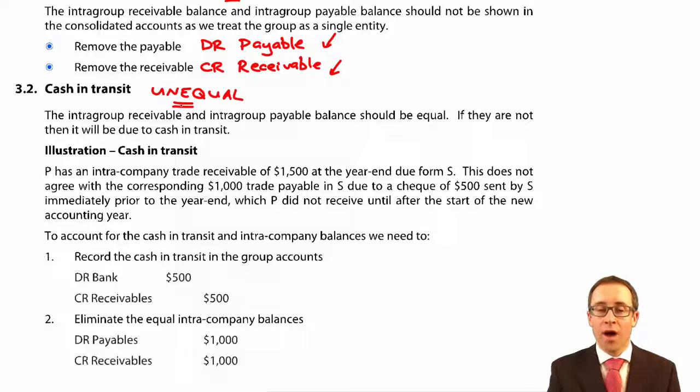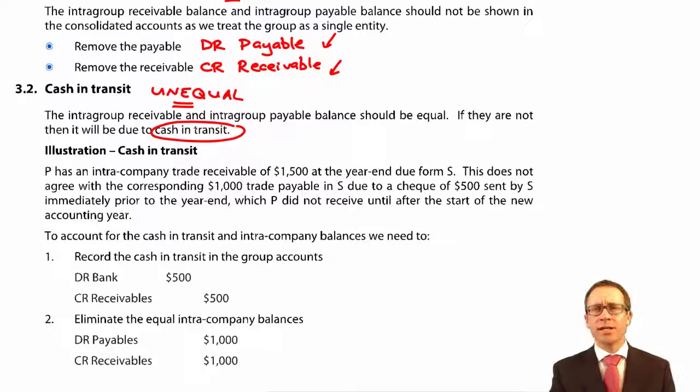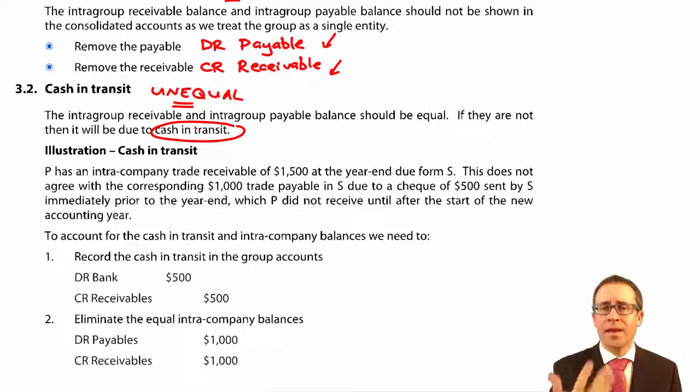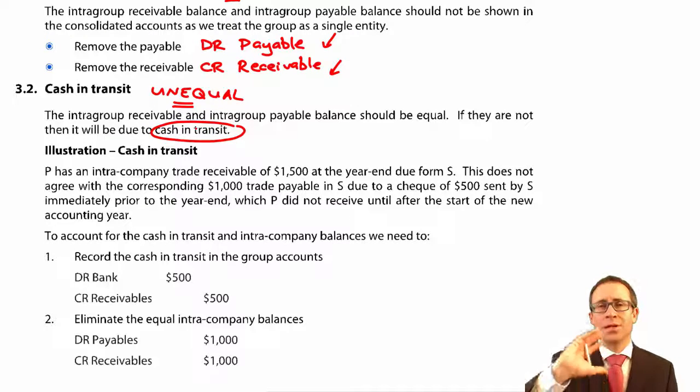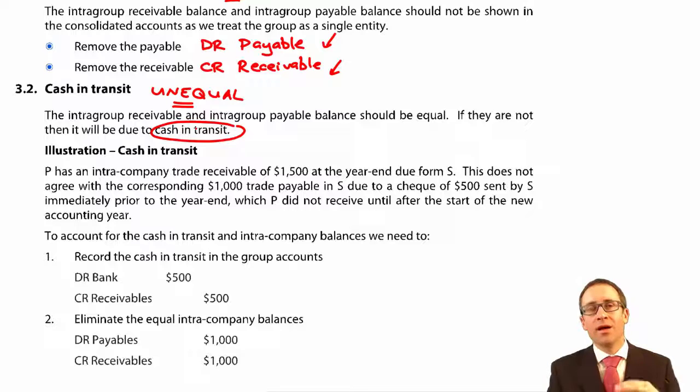And the reason why that is due to what's referred to as cash in transit, i.e. the person who is making the payment has recorded the payment, so has credited bank, debited payables, but when that payment has been sent, then it's floating around either in the post or in cyberspace, because the receivable has not yet received the money.